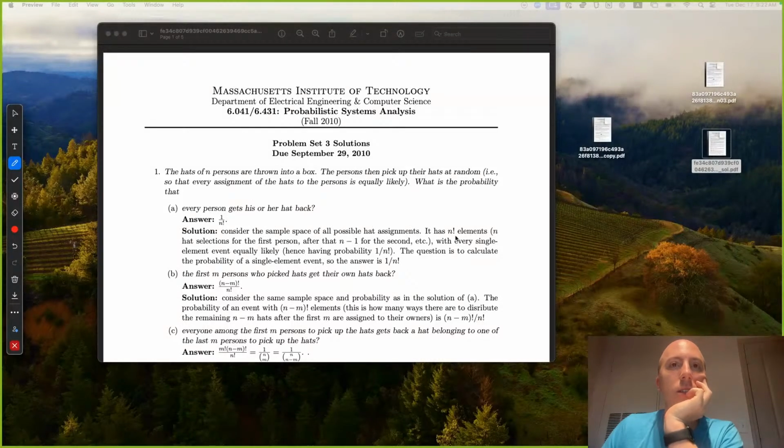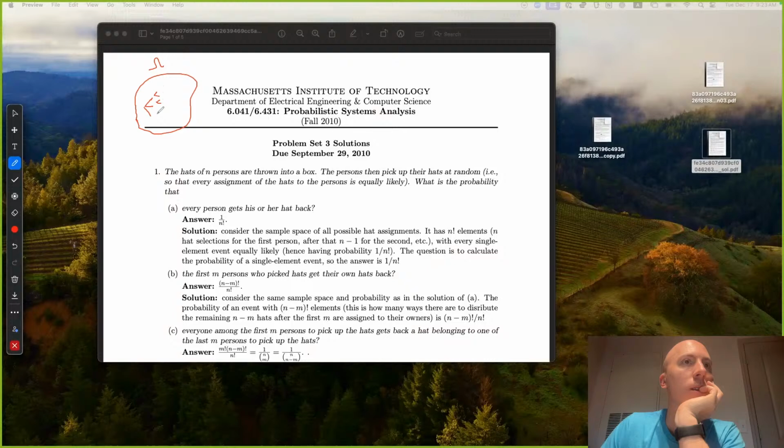It has n factorial elements. So yeah, that's kind of how we're thinking of the sample space.